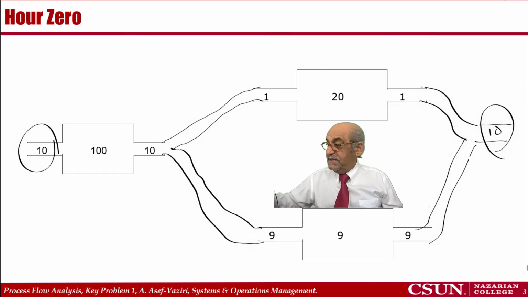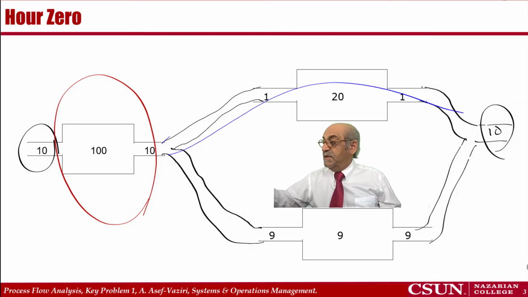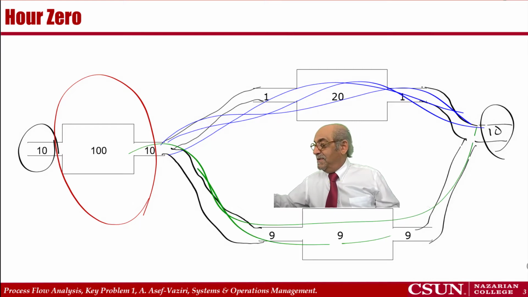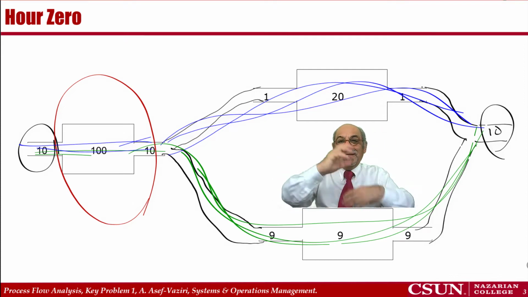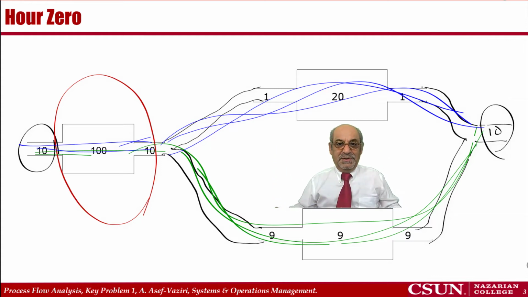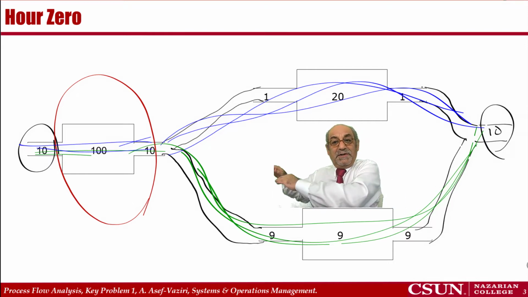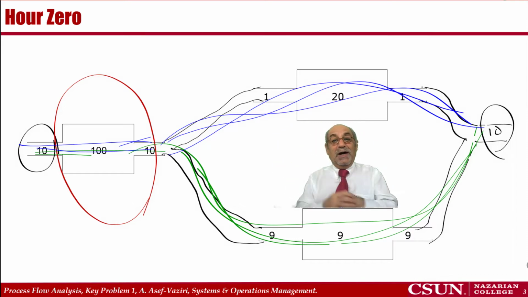All flow units pass this one, but some flow units go this way and some flow units go this way. So a mixed blue and green comes in, a mixed blue and green goes out. Blue and green both go through the first process, green goes through the bottom process, blue goes through the top process, and then they go out.